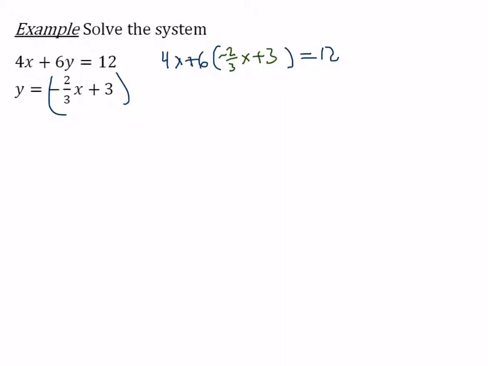And so let's go ahead and distribute here and see what we end up with. We have 4x plus 6 times -2/3. Well, 6 divided by 3 is 2, times -2 would be -4. So this whole thing is going to be -4x.